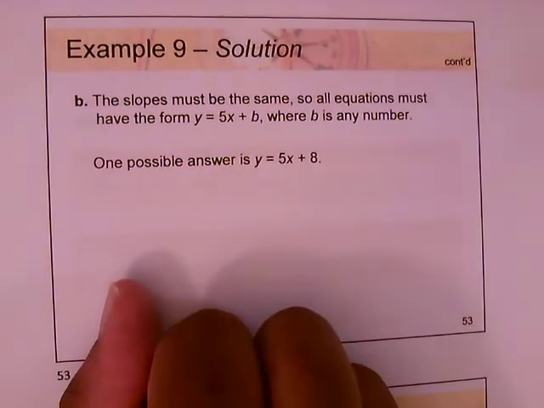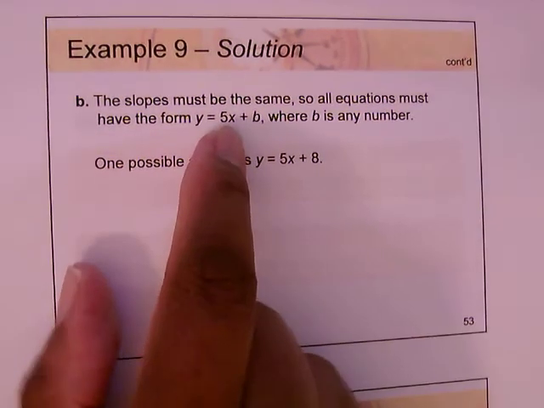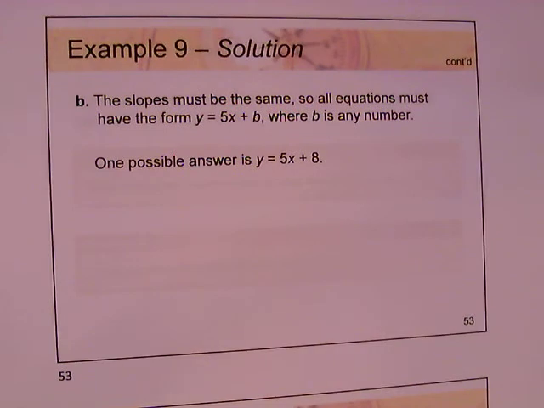And b can be any number. A possible answer would be y equals 5x plus 8. Or it could be y equals 5x minus 2. Those are possible answers for the equations, because all the equations have to be in this form with the slope of 5.